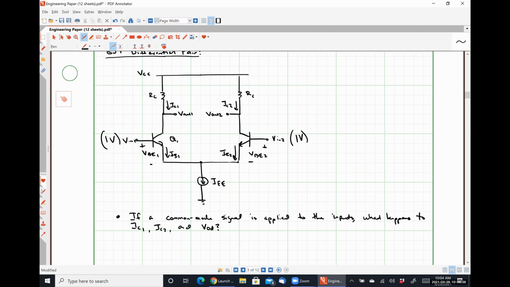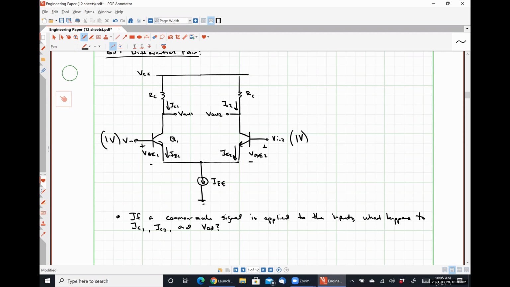So what does that mean is happening to currents IC1 and IC2? If the base emitter voltages for the two transistors are identical, and the transistors are identical, and the resistors RC1 and RC2 are identical, what does that tell me about the collector currents? They have to be the exact same.